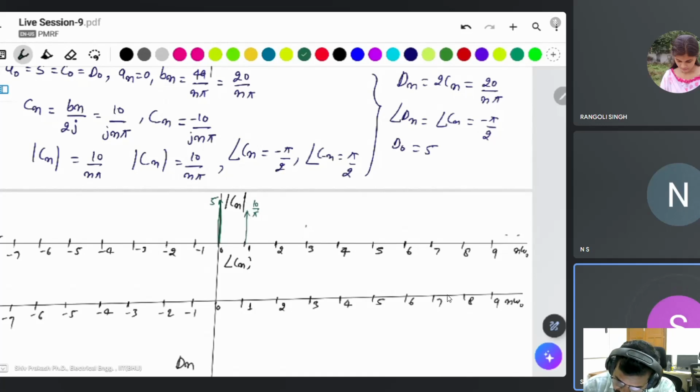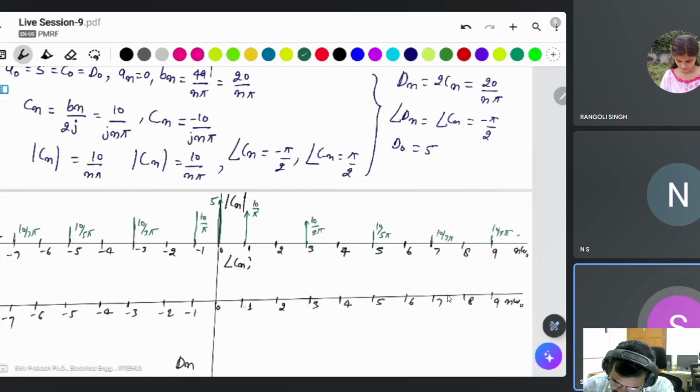Third one is 10 by 3 pi. Fifth one 10 by 5 pi. Seventh one 10 by 7 pi. Ninth one 10 by 9 pi. In the minus n side, same thing: 10 by pi, 10 by 3 pi, 10 by 5 pi, 10 by 7 pi.